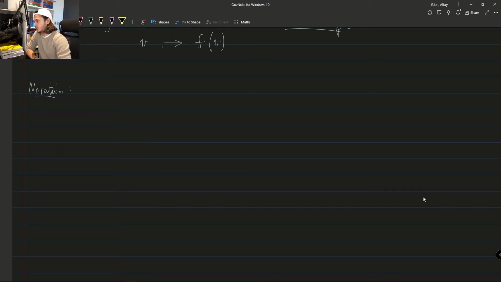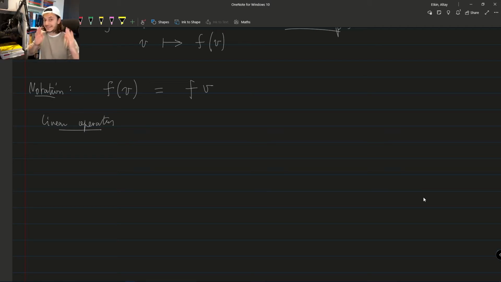You can think of them as follows: instead of writing F of v, we just write Fv, or in my notation, F hat v. Linear operators are like matrices, but they are linear maps.